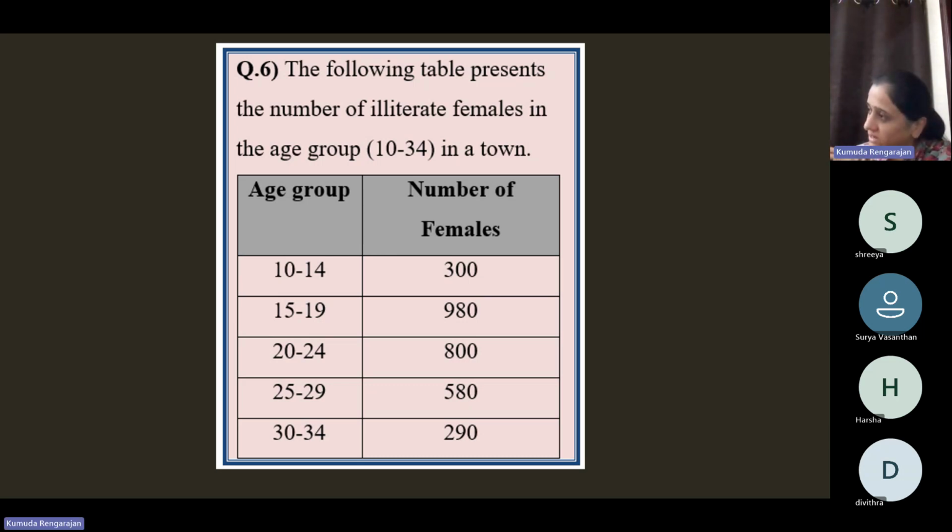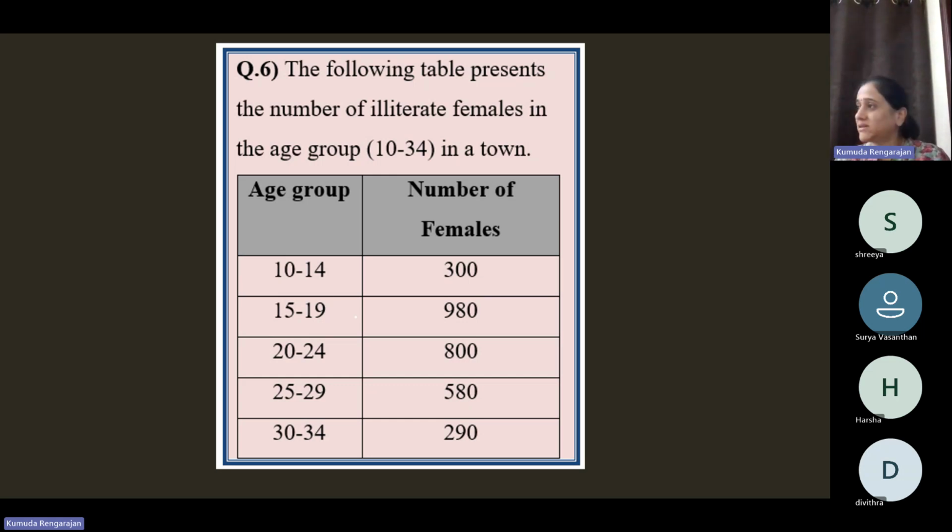They had different sizes, the class width was not uniform, or maybe we were not given the class intervals itself. We had the mid values. So this is a question where the class intervals are not continuous.